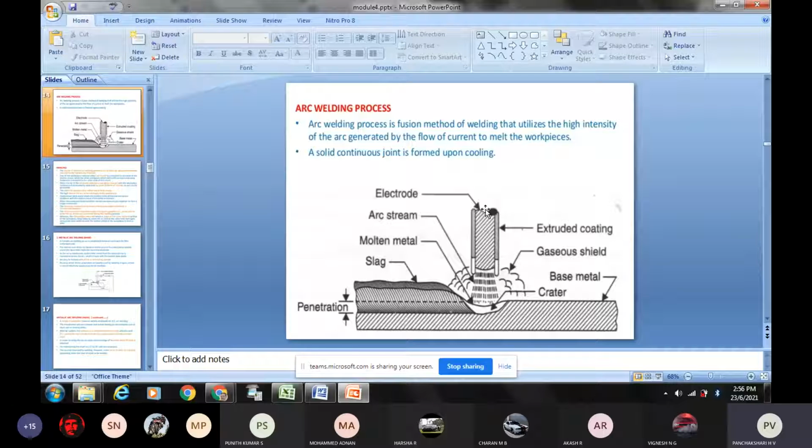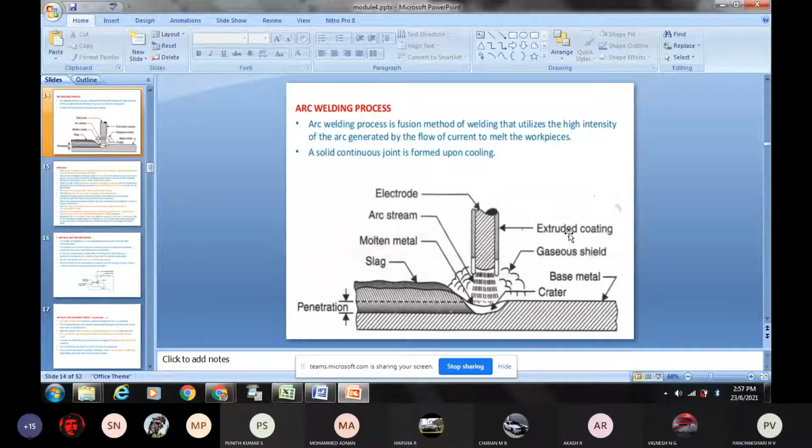This welding material and this welding electrode are of the same composition. To protect this welding rod or welding electrode, outside there is a coating called the electrode coating.